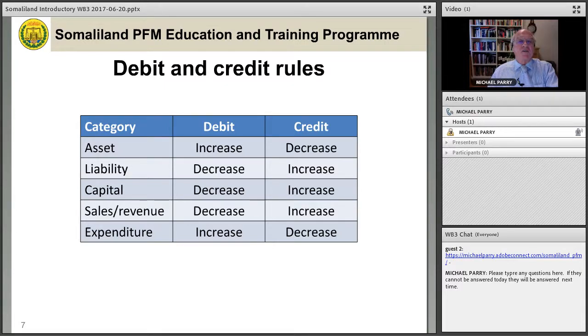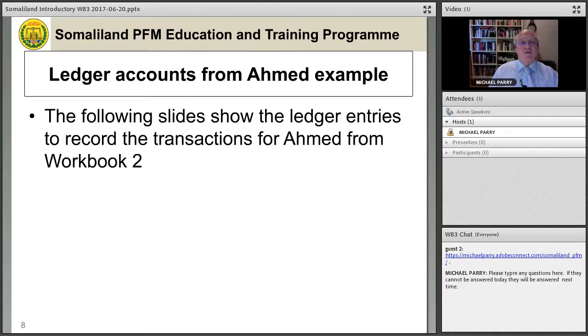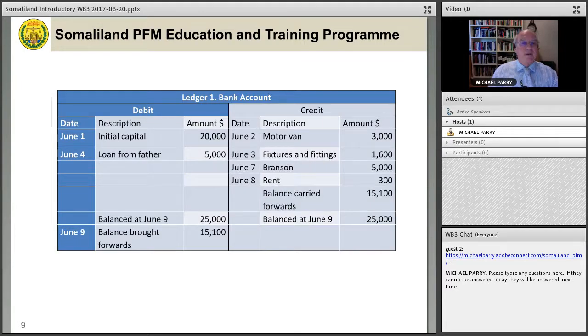Now, it's easiest to look at that using the example we had in Workbook 2 of Ahmed's transactions over 8 days. What we'll do, as the Workbook does, is set up the ledger accounts for those transactions. The first one, and arguably the most important, is the bank account.